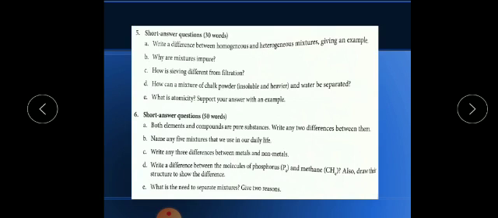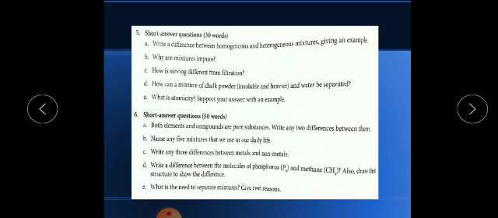Alright children, now the next one is write any 3 differences between metals and non-metals. So children, this answer is also given on page number 25. I told you that metals are solid at room temperature except mercury, while non-metals are solid, liquid and gas at room temperature.